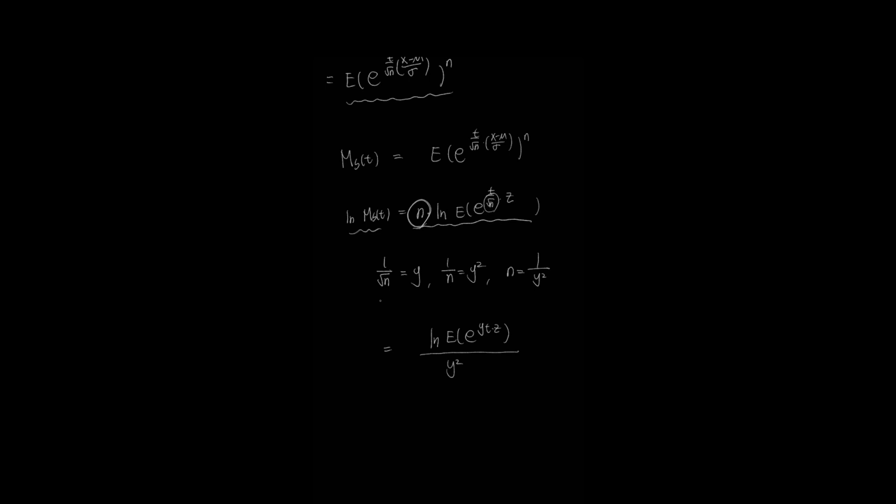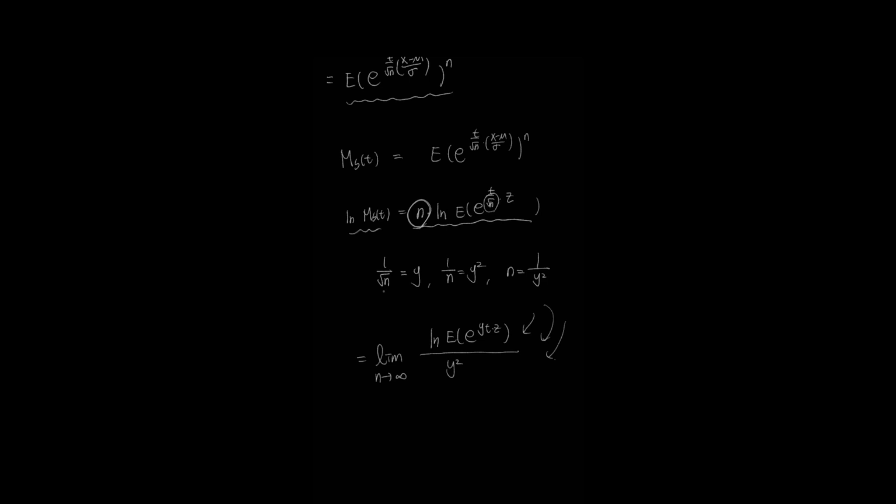And actually, the reason why we did this is to divide it into this fraction here, because we know that we're going to take the limit as n goes to infinity.